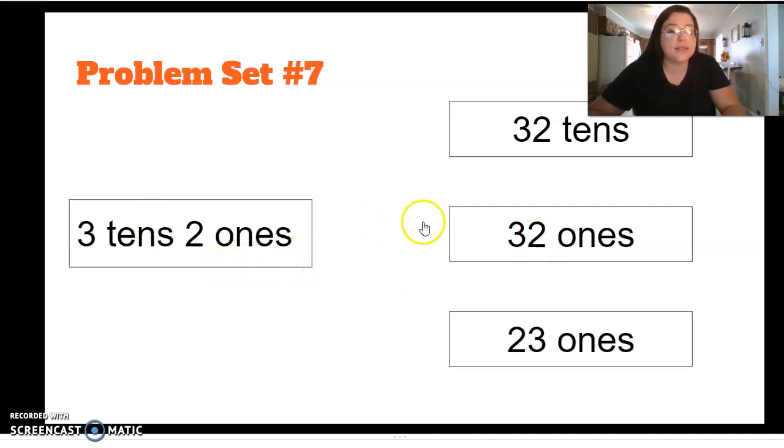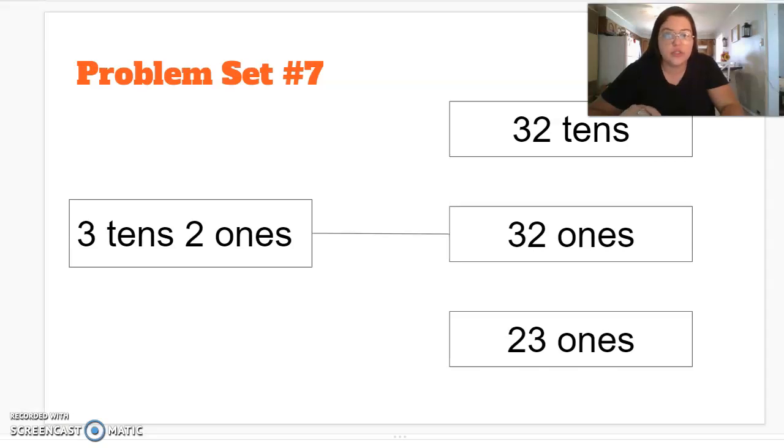Yes, I think that's correct. 23 ones? No, it said 3 tens, so that's 30. We know we need to have 32. But if we have 32 tens, then we would have 320. We have 32 ones, we have the same, 32. So we draw a line to 32.